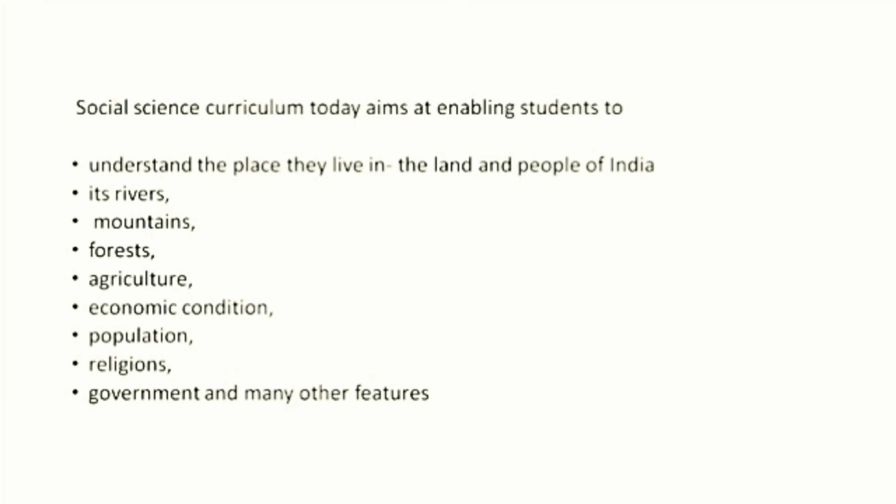The curriculum today aims at enabling our students to understand the place they live in, and the land and people of India. This is a very important objective of our social science curriculum: to make our children understand the place where they live in, its characteristics, and also the features and specialities of India.